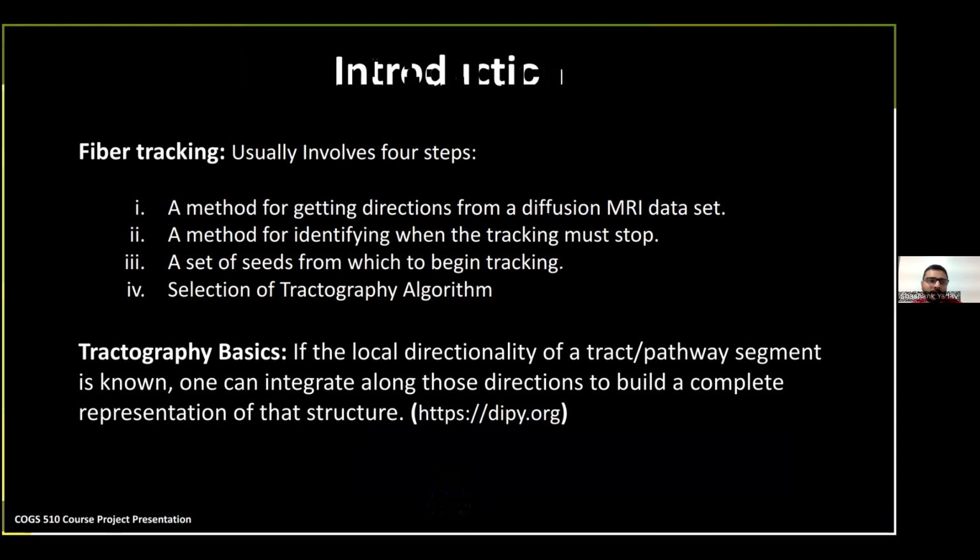What are the thresholds or parameters which, when the algorithm reaches them, the tracking should be stopped. The third one is a set of seeds, which part or which direction you want to begin the tracking with. And the final one is selection of tractography algorithms. We'll talk about the algorithms in the upcoming slides.